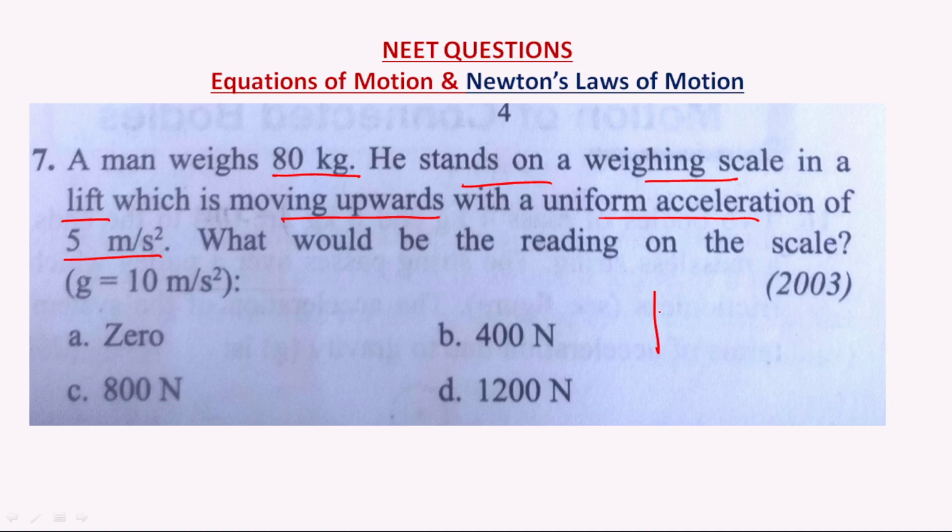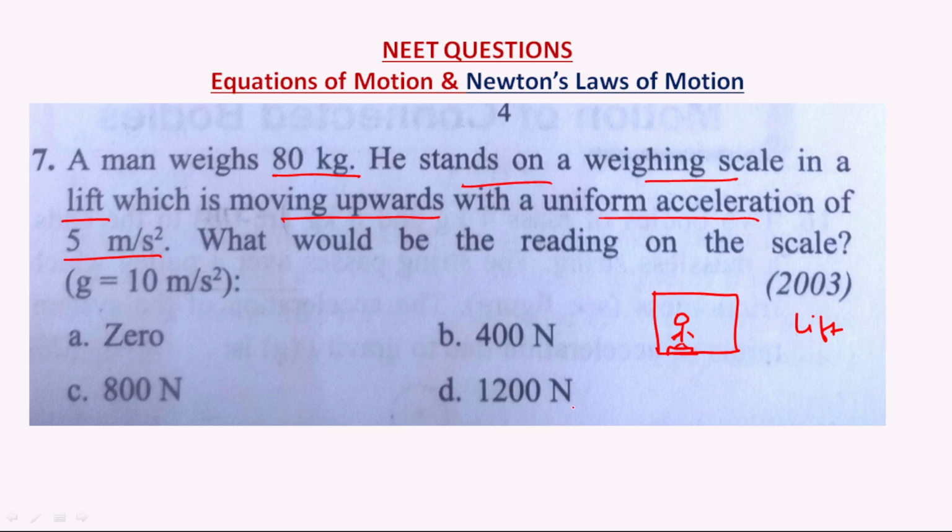If we make a free body diagram of the lift, this is the lift and the man is standing on a weighing scale on the lift. His weight is 80 kg. Leaving the weight of the lift, let us take that there is no weight of the lift, since it is not given here.